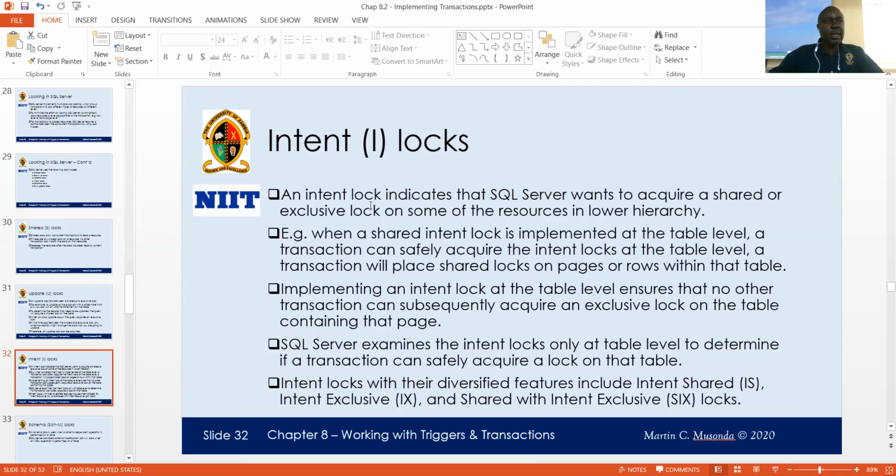As the name indicates, intent means you're planning to do something.